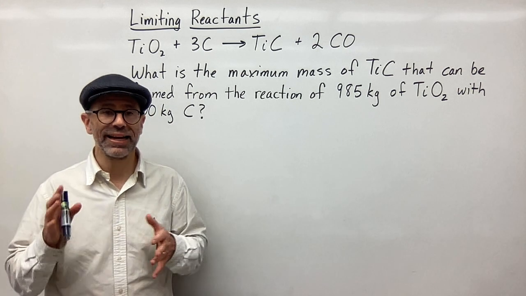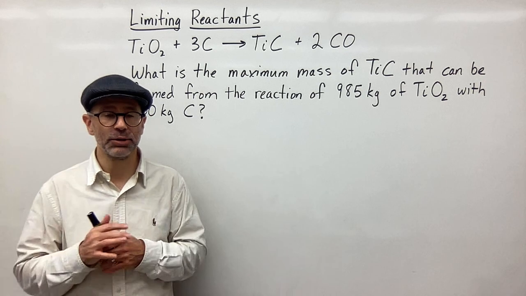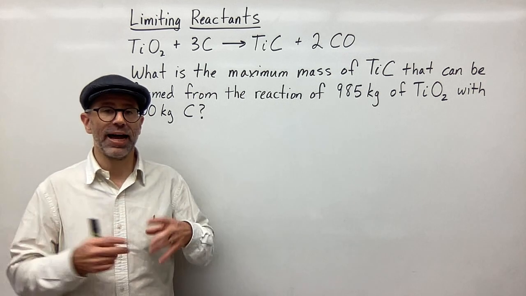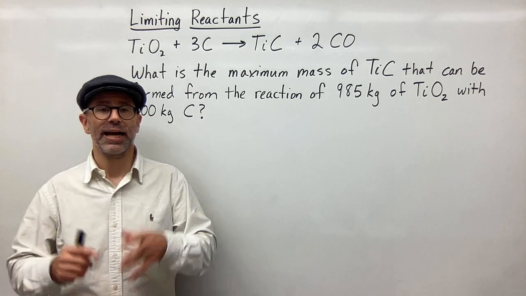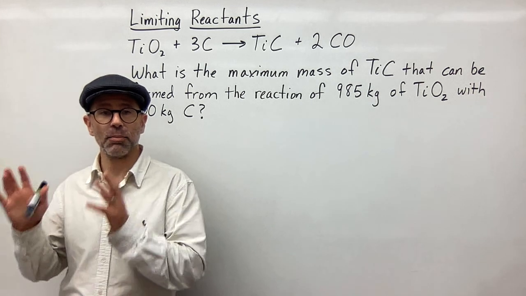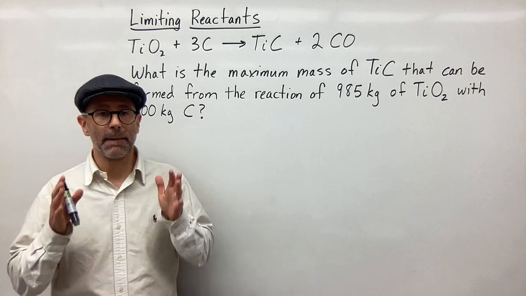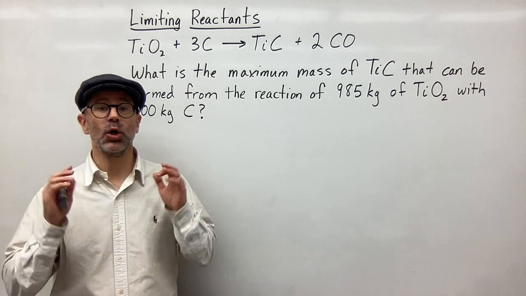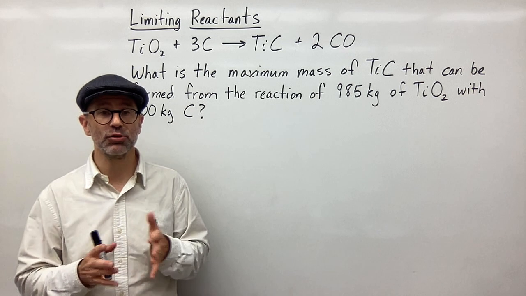So think of it like making peanut butter and jelly sandwiches, right? If I have a jar of peanut butter and a jar of jelly and some bread, I can make peanut butter jelly sandwiches until one of those ingredients runs out.